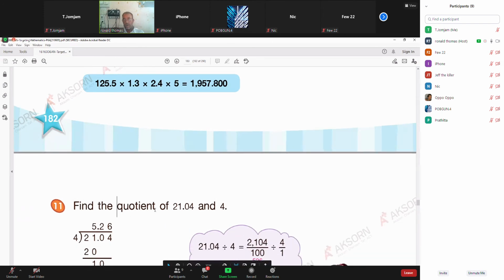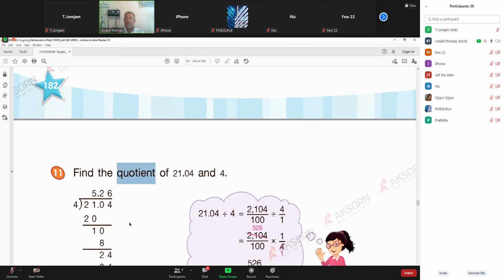Quotient is the answer you get when you divide a number by another number. So now we are going to divide. Please remember, when you are dividing, to count your decimal place. There will be 2 numbers in your answer. Please remember to use your decimal even in division.